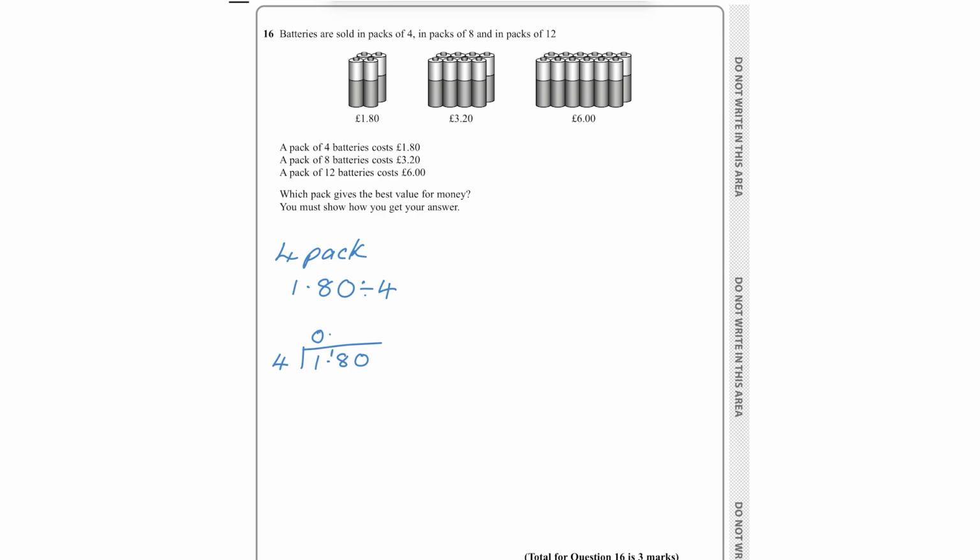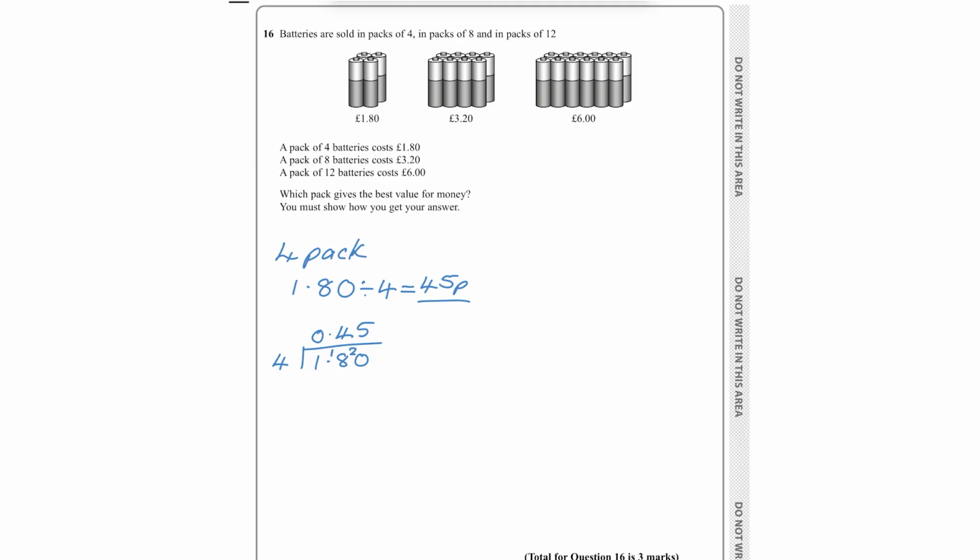Well, 4 4's are 16, so that will be 4. And we have a remainder of 2. And then 4's into 20 go 5. So we can say 1.80 divided by 4 equals 45p. Underline that, help your examiner find your working out. Whoever's marking your paper, it's all about making it easy for them to read.